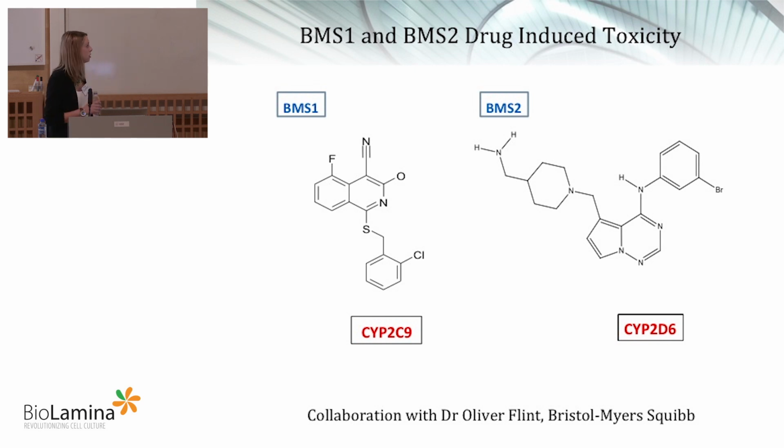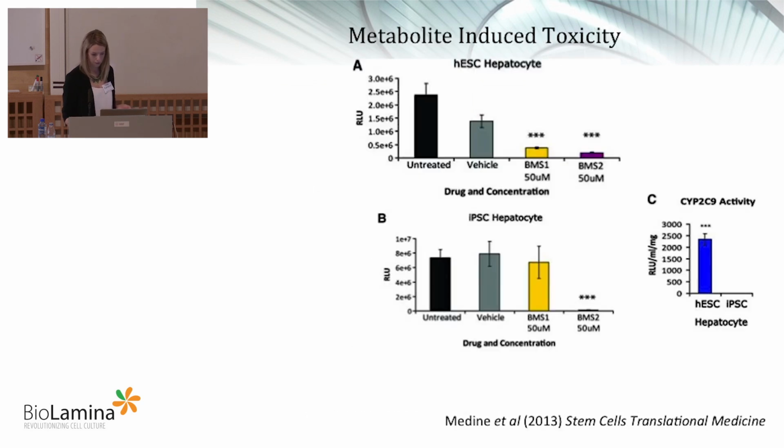We took this to Bristol Myers Squibb, a drug company in America. We then identified two compounds that could be metabolized specifically by CYP2C9 and CYP2D6, and then we used these to screen for how functional our cells were. When these drugs are metabolized, they're broken down and they become toxic to the cells. So toxicity is a marker of how functionally active these cells are.